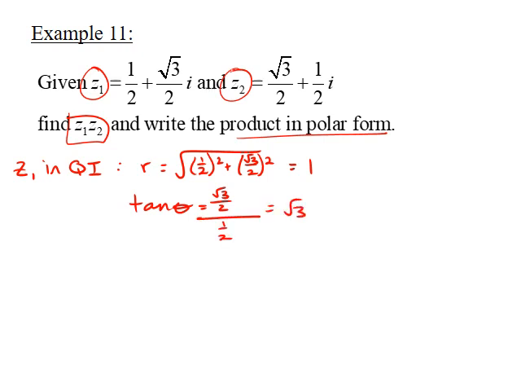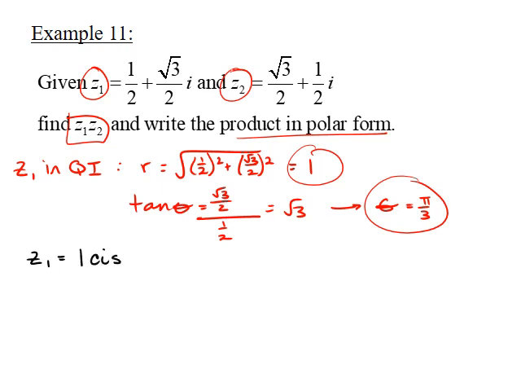This is root 3. In quadrant 1, this means that theta is pi over 3. I have R and I have theta, so Z1 can be written in polar form as R cis theta.